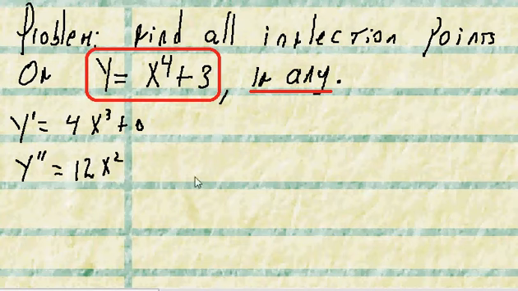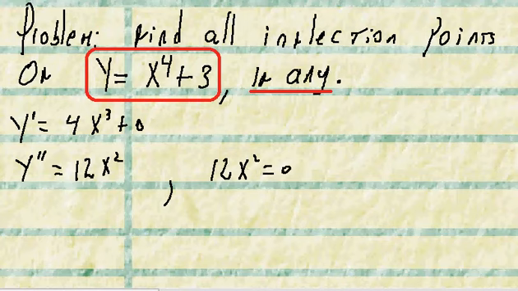Yes? So now what I need to do is find the points where this expression equals 0, right? 12x squared. So I say 12x squared equals 0.